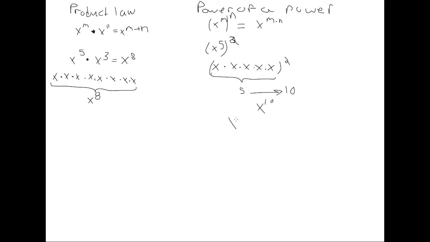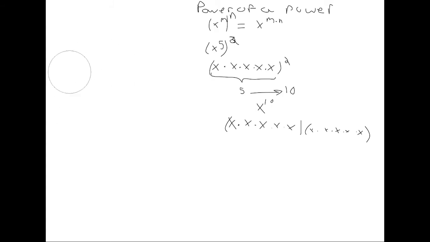What that would look like is x times x times x times x times x times x times x times x times x times x. That would be 10 x's multiplied by each other. Now, if you had 3, the number would be multiplied by 3, and so on. So that's the power of a power rule.